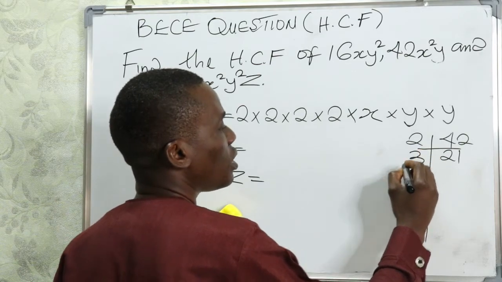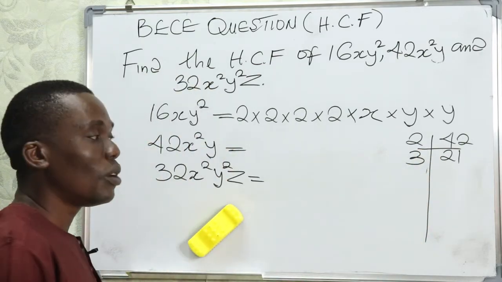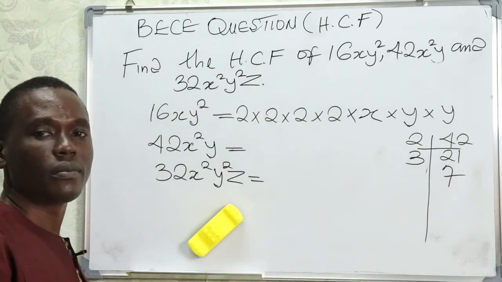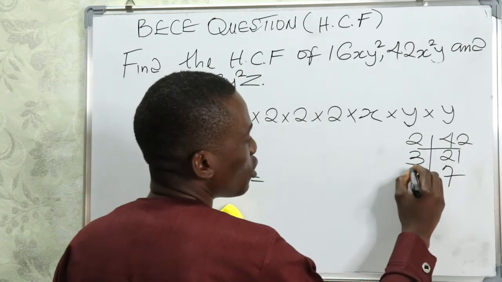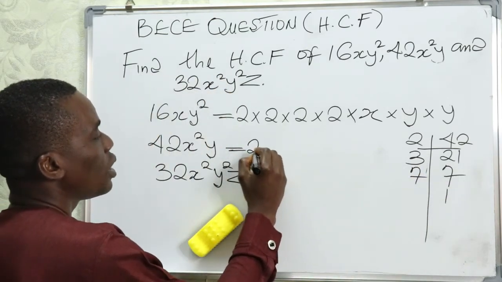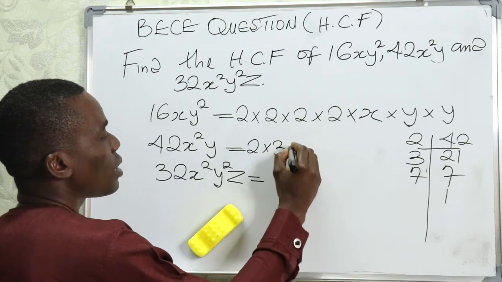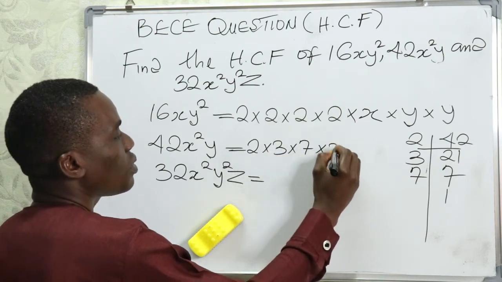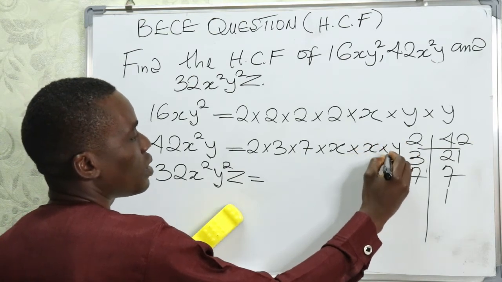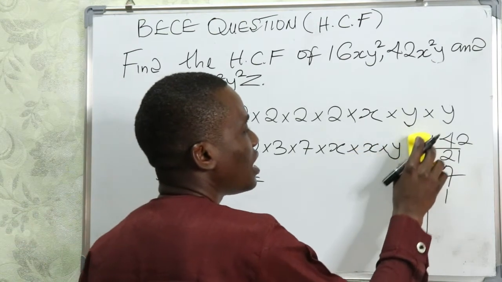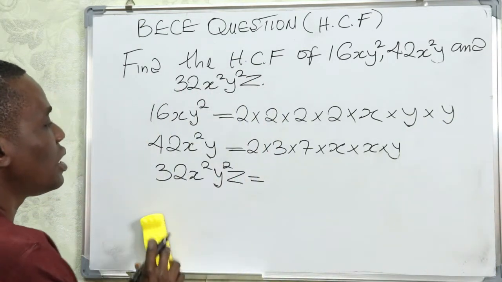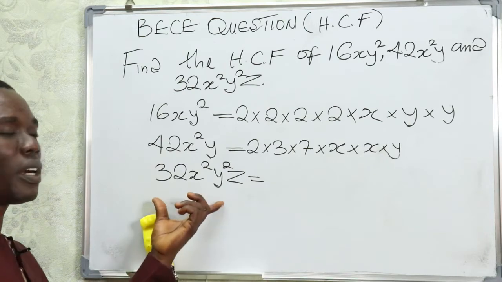So 21 will be divided by 3, which will give us 7. 7 divided by 7 will give us 1. So this value will give us 2 times 3 times 7, times x, times y. Right? So you see, we are gradually getting the values for these various parameters.